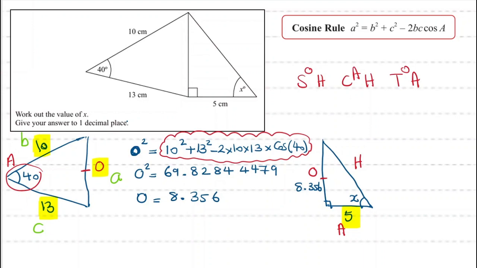Now we can see that in the right angle triangle where the angle x is, we have the length of adjacent, which is 5, and we also managed to work out the length of the opposite side, which is 8.356.